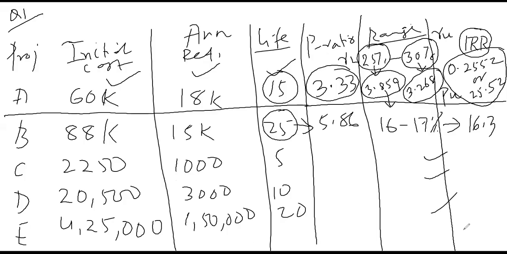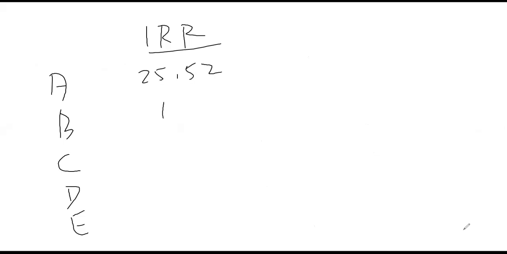See, if I'm writing the IRR for these 5 projects, the first one you got as 25.52, second you got 16.3. Other answers I'm giving, but I don't exactly remember, so you will recheck.